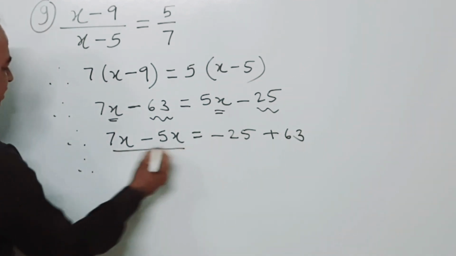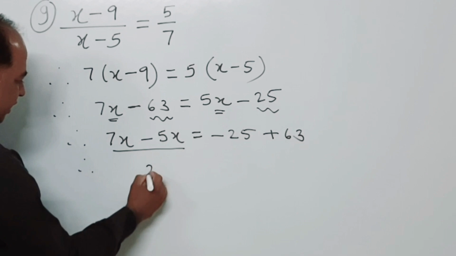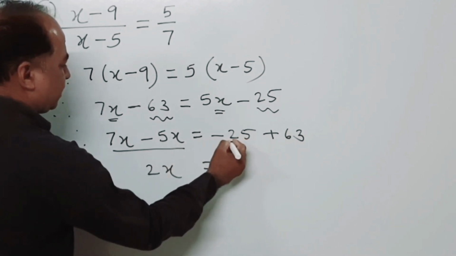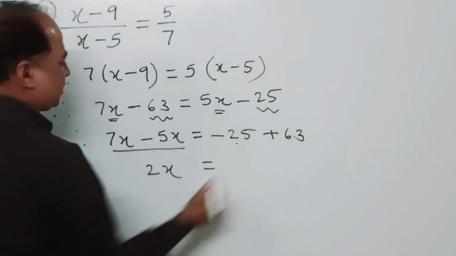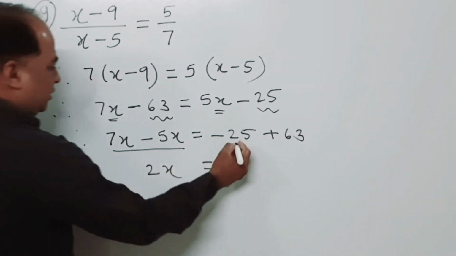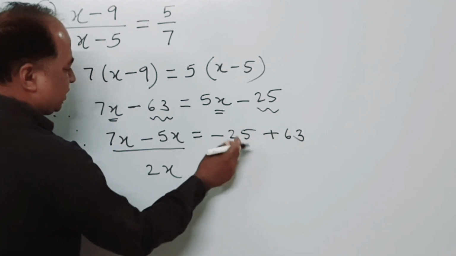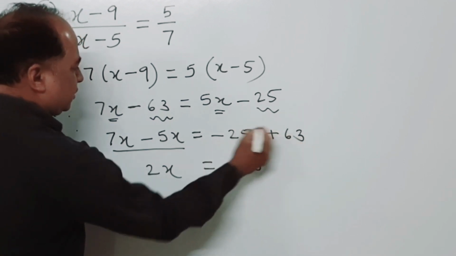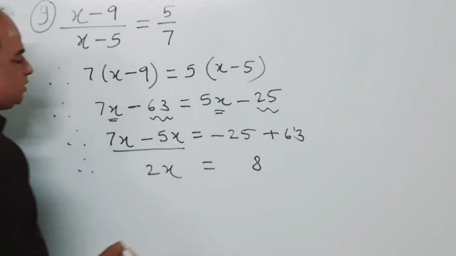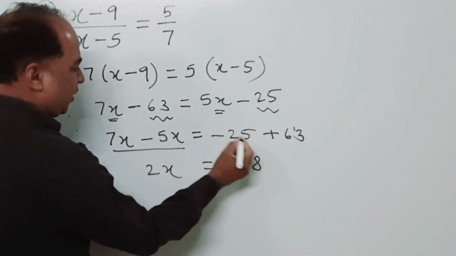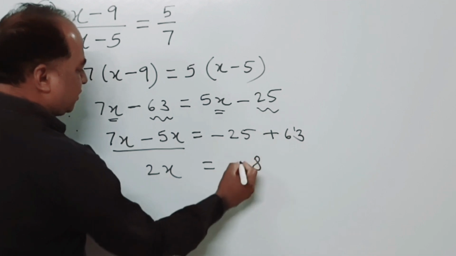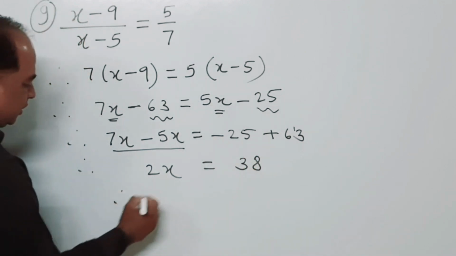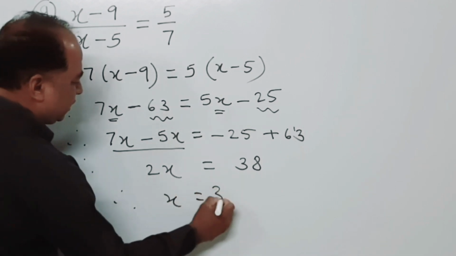Therefore 7x minus 5x is equal to 2x. Minus 25 plus 63, that is 63 minus 25, is equal to 38. Therefore 2x is equal to 38.